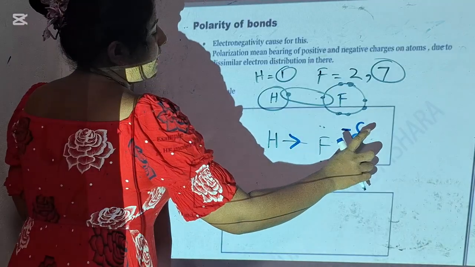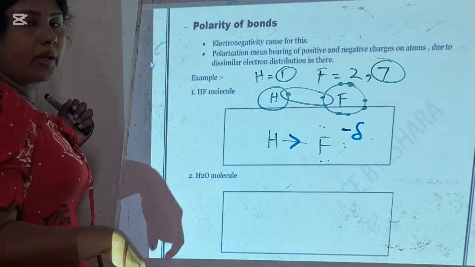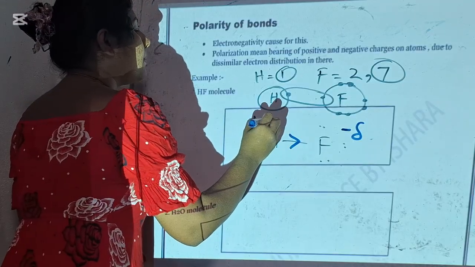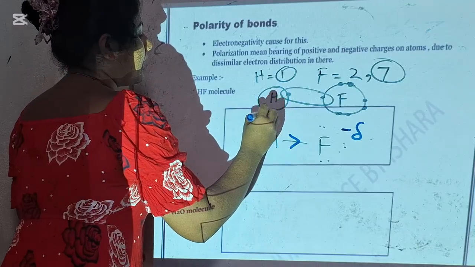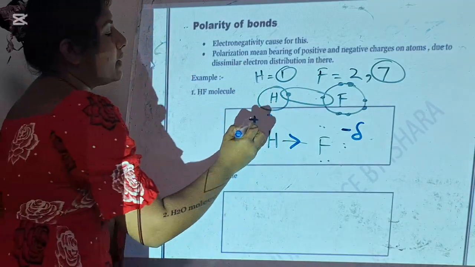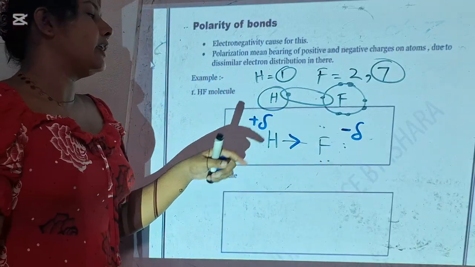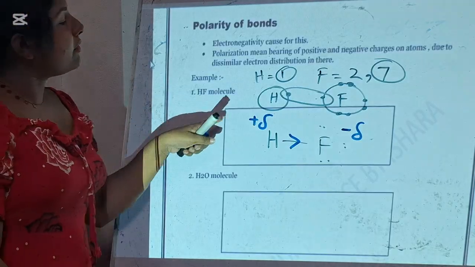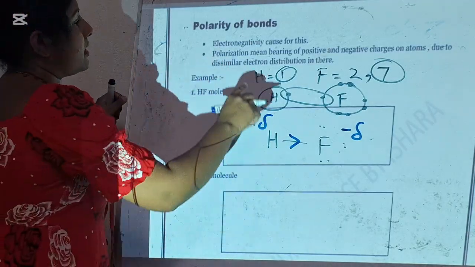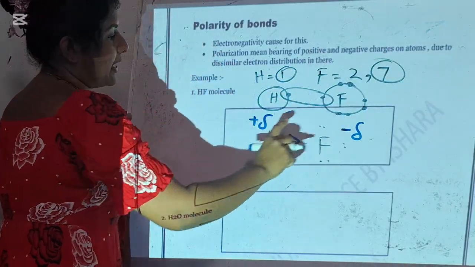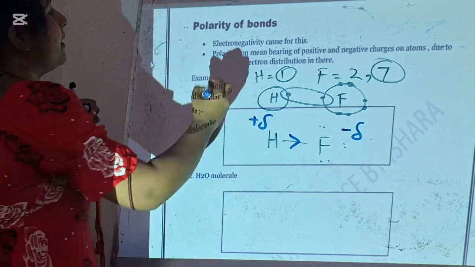Minus charge. We write delta to show it is a small negative. Because of that, automatically this one becomes positive. Not only a normal positive value, it becomes delta positive. Delta negative, delta positive. Because of these charges, as I told you in the definition, positive and negative charges on atoms cause the polarity.